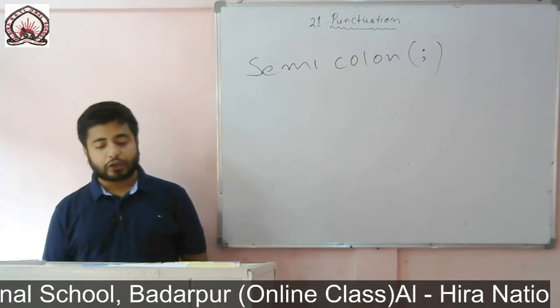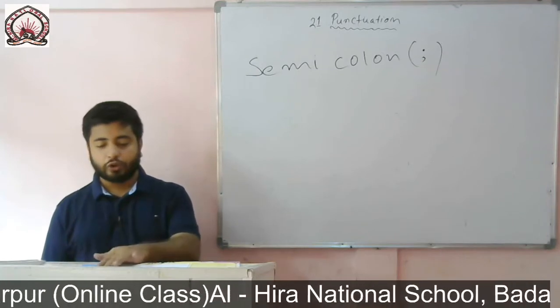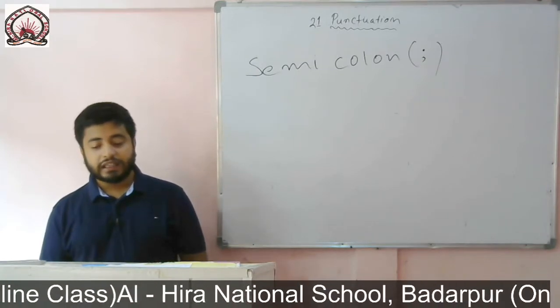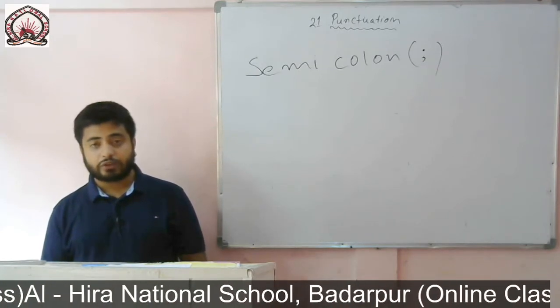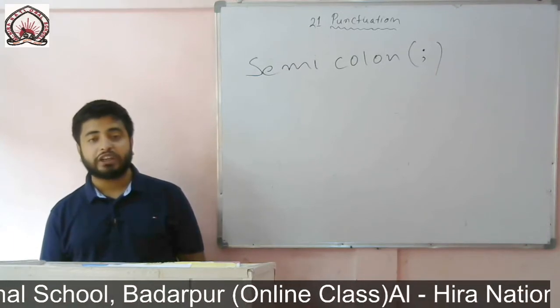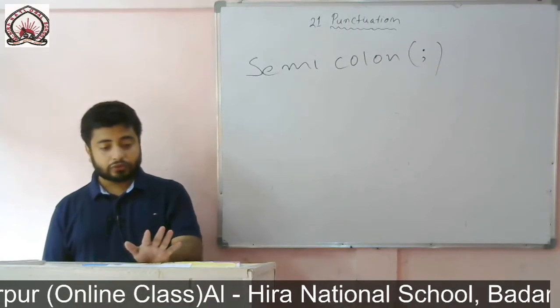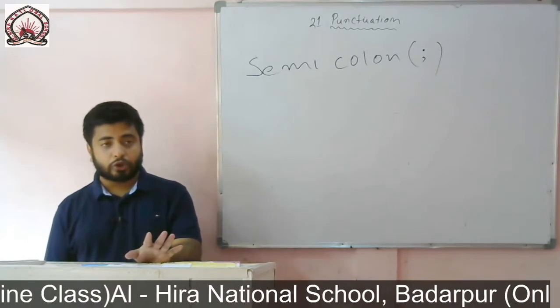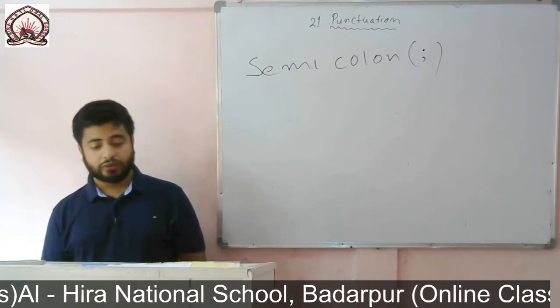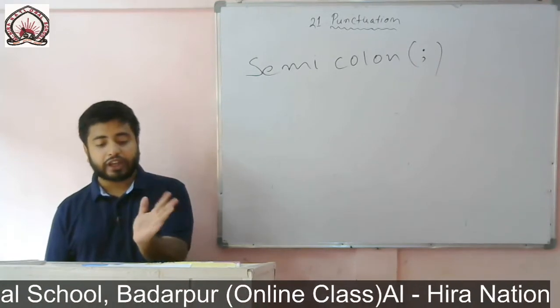To separate the clauses of a compound sentence. And what is a compound sentence? A sentence that has at least two independent clauses. So when and where to use semicolon? To separate the clauses of a compound sentence if they contain comma.